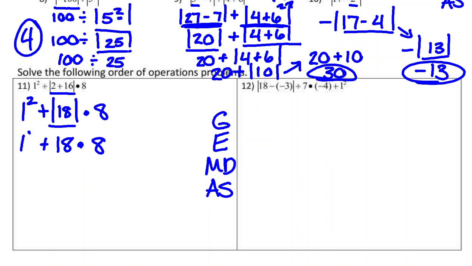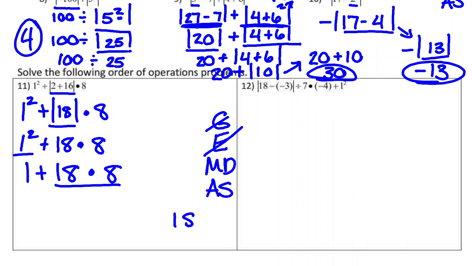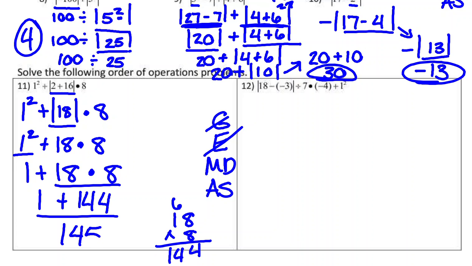Done with the grouping. Exponent, 1 to the second power is 1 plus 18 times 8. Done with exponents. Multiplication, 18 times 8 is 144 plus 1. Finish the addition at the end. Answer.